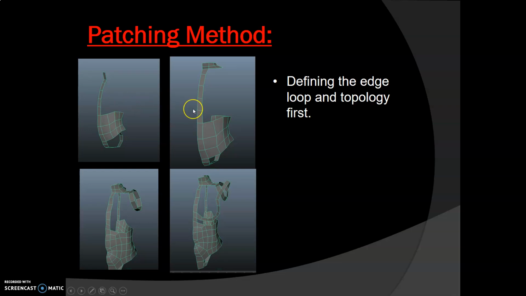My suggestion when it comes to the modeling is that you follow my method. If you prefer to use box modeling, it is also okay. If you are using patch modeling, it is also okay, as long as you have the correct topology, because topology is the most important thing apart from the look of your model.